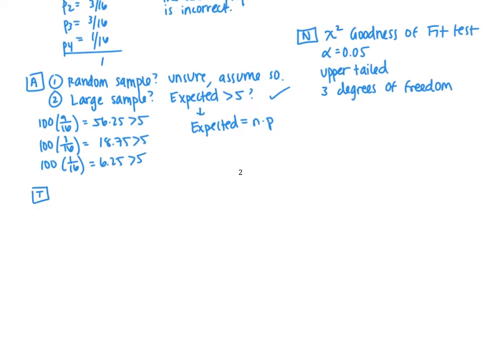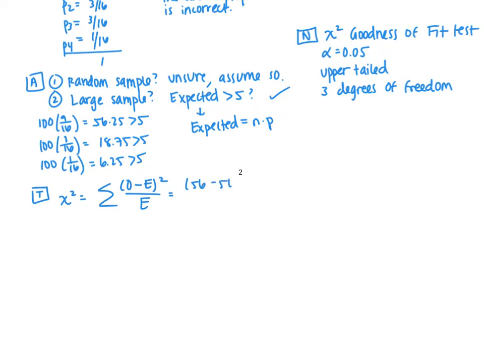Test statistic. It's going to be chi-square. What's really nice about this one is it is directly written on your formula sheet. Like the entire test statistic is. It is the sum. You're going to take the observed count, subtract the expected count, square it, and divide by the expected count. And then you will sum all of those up. So for our first category, I think we observed 56 peas.